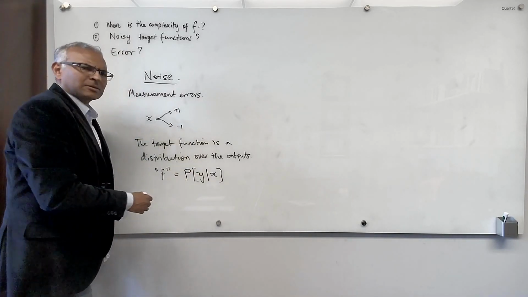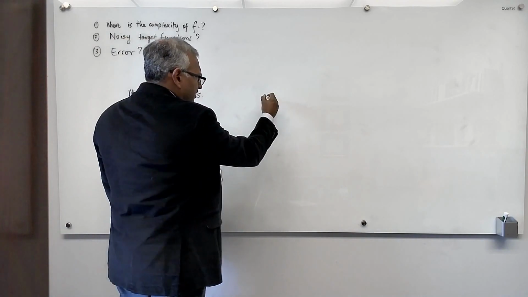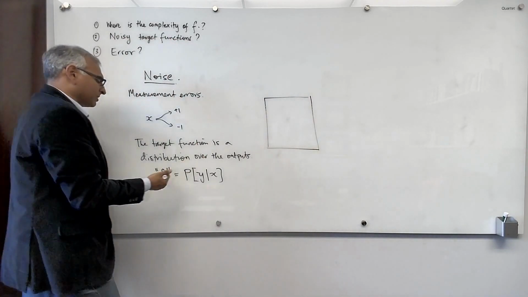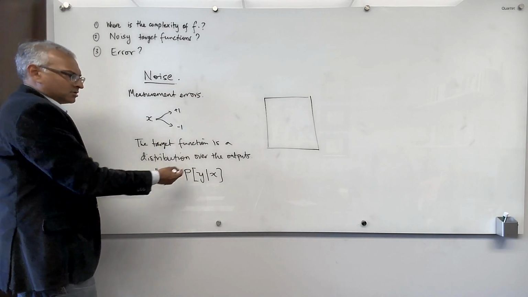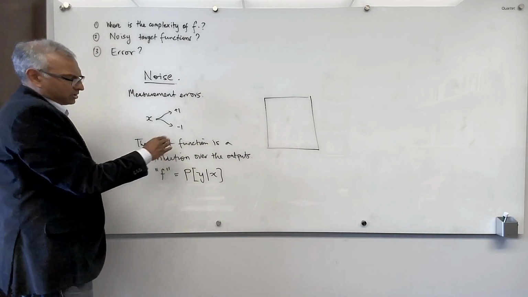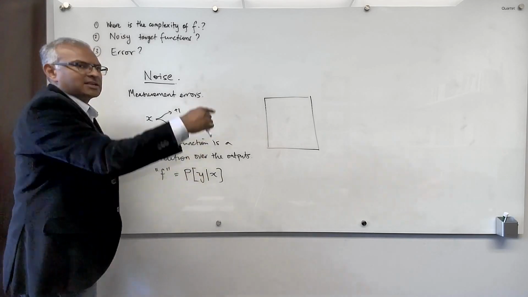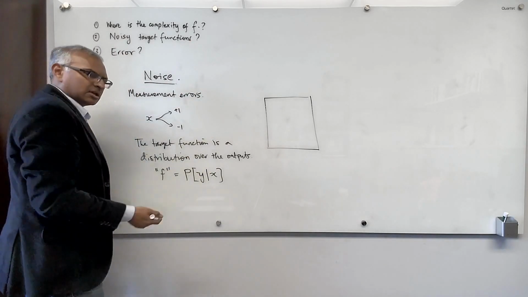No problem here. An example of a distribution is that the target function that you will observe is F of X plus some noise. But in general, it can be an arbitrary distribution.